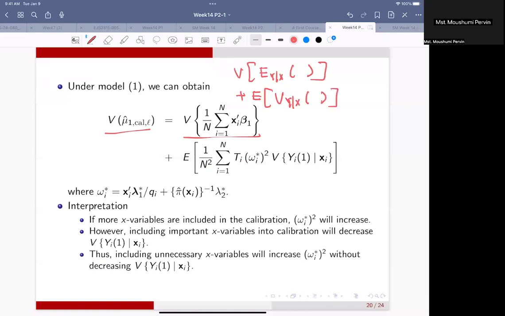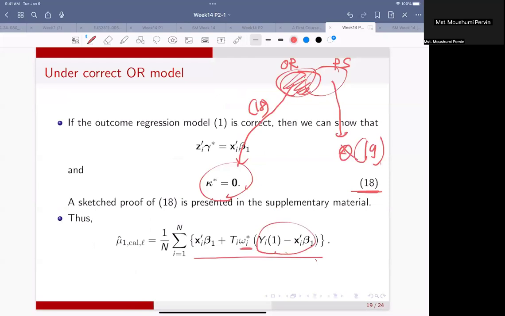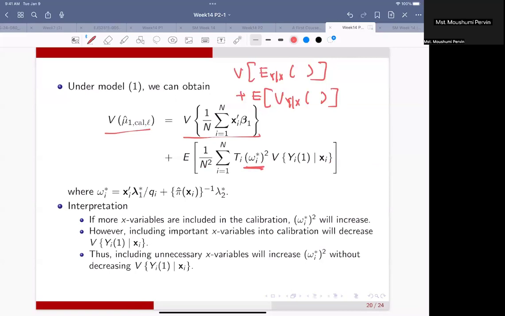And then under the outcome model, you have this variance, so that means you have an omega I square term in it. So that is the formula for the variance under the outcome model. And then the weight is indeed this form.